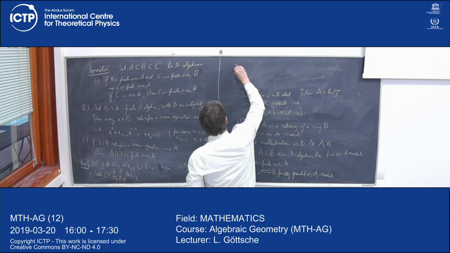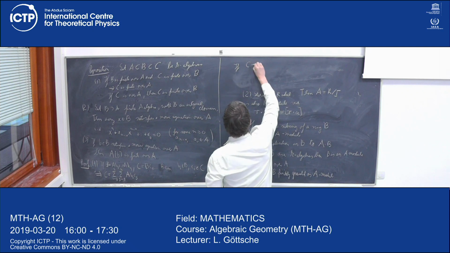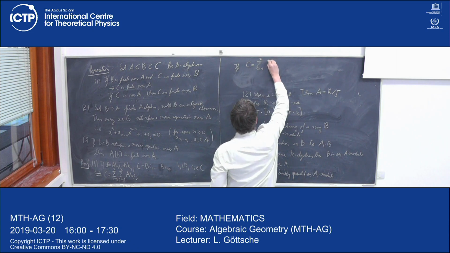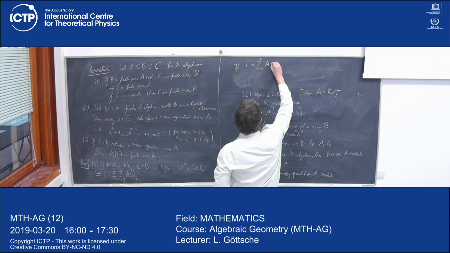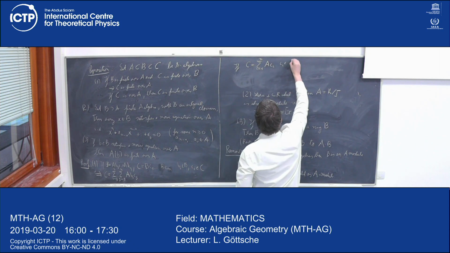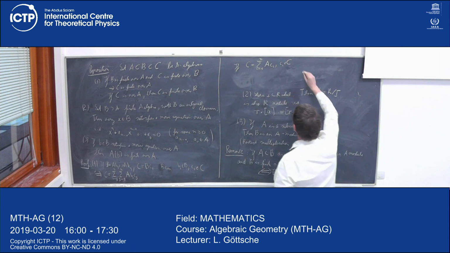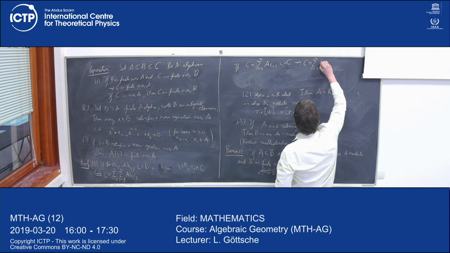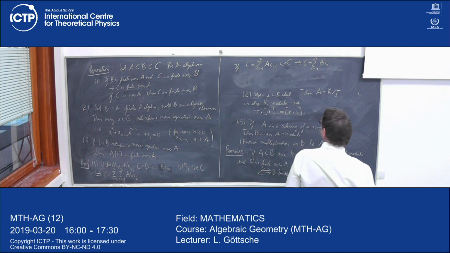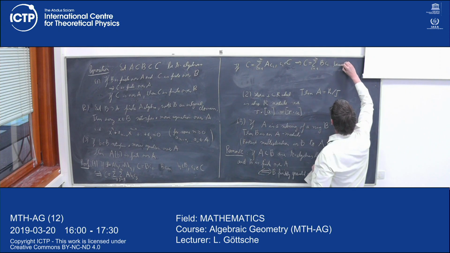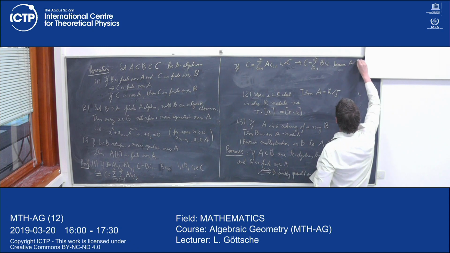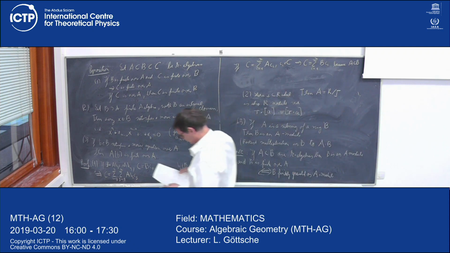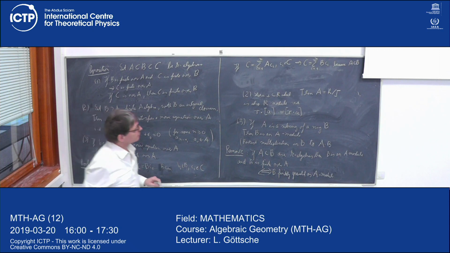So if C is equal to the sum i equals 1 to n of A times ci in C, then obviously C is also equal to the sum i equals 1 to n of B times ci, because A is contained in B. So I can just take the same linear combination as before, and that satisfies our condition. So now we come to the part 2.